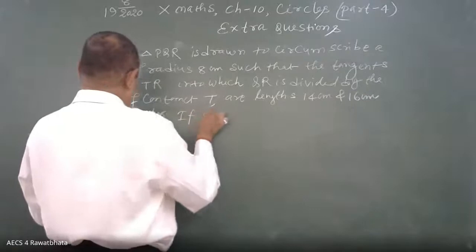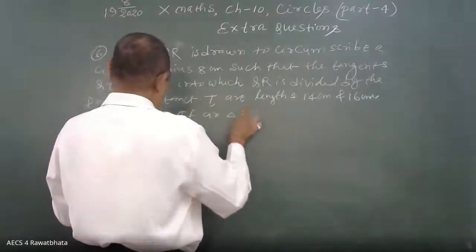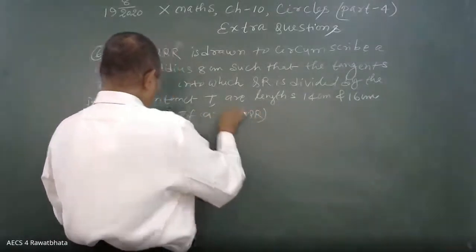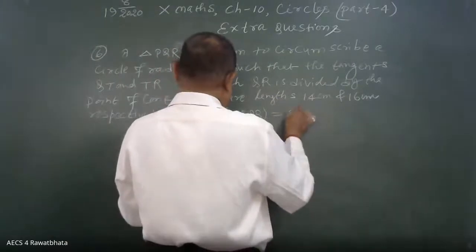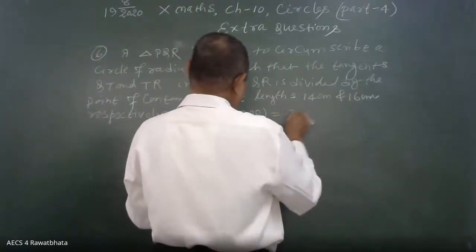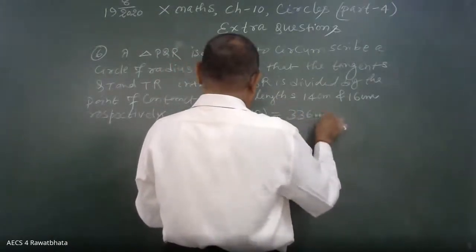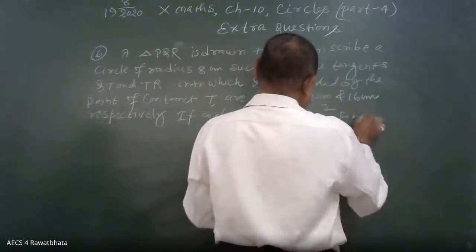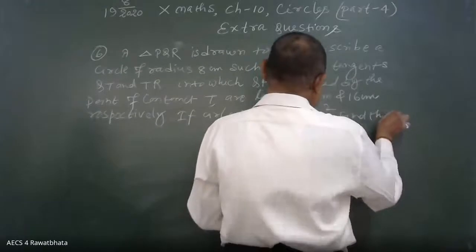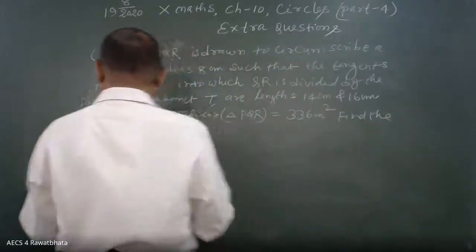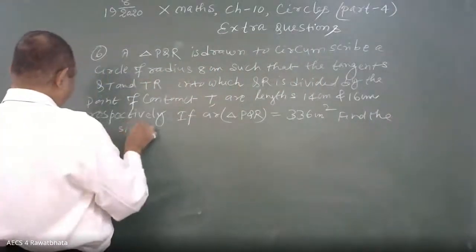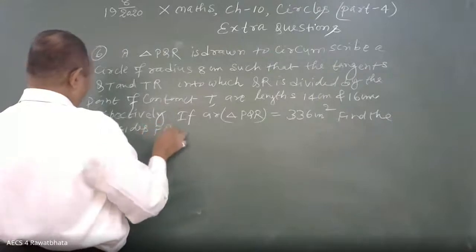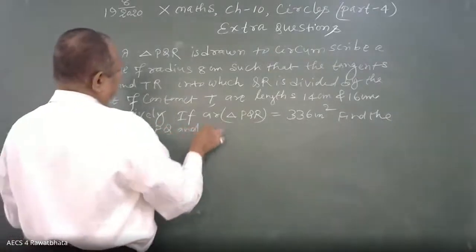If the area of triangle PQR is equal to 336 centimeter square, find the sides PQ and PR.